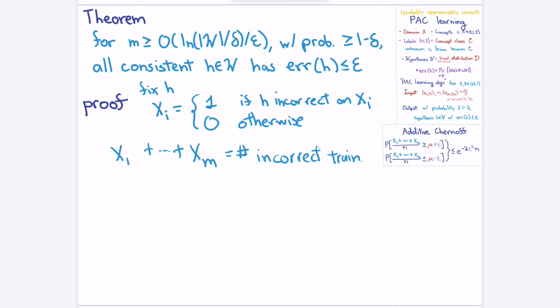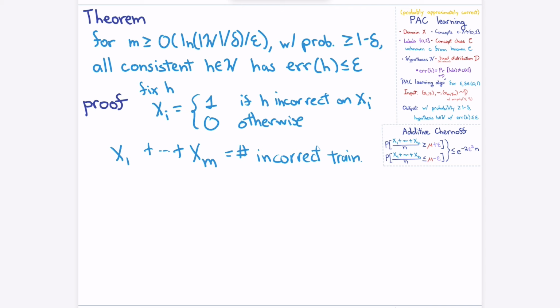Okay, so let's take a step back. What I want to show ultimately is that if a hypothesis has very large error, bigger than epsilon, then it should make a mistake on the training set, right?